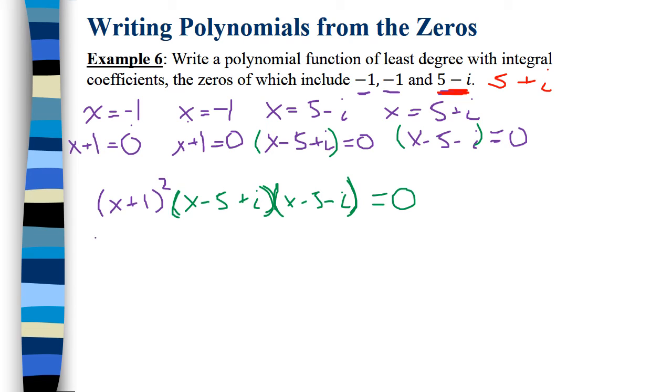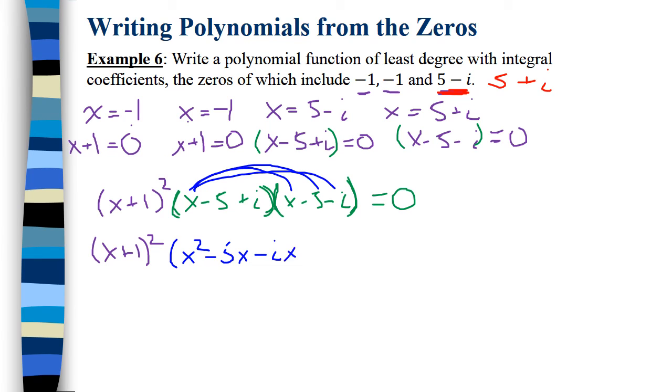So we're still going to keep the x plus 1 squared over here, but in this case, we have x times x, which is x squared, and then x times negative 5 is negative 5x, x times negative i is negative ix, and then the next section, we have negative 5 times x is negative 5x, and negative 5 times negative 5 is positive 25. And then negative 5 times negative i is positive 5i.